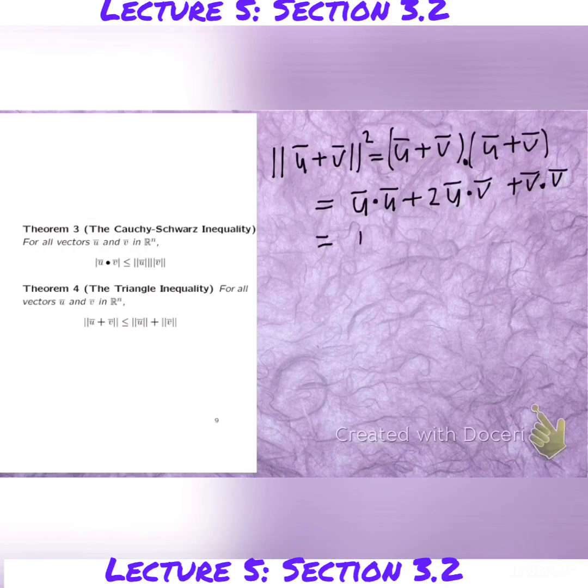Okay, so by definition, that is going to be the norm of the vector u squared plus twice the vector u dotted with v plus the vector v's norm squared.